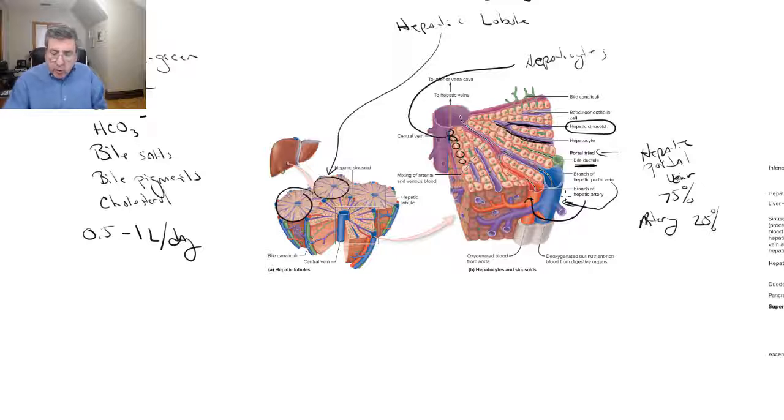And so your hepatic portal vein brings in blood, and then they kind of enter into the various sinusoids. Now the sinusoids are going to be absorbing the nutrients and then delivering them to the hepatocytes. The arteries and whatnot are going to be delivering oxygen to the hepatocytes for your aerobic respiration.